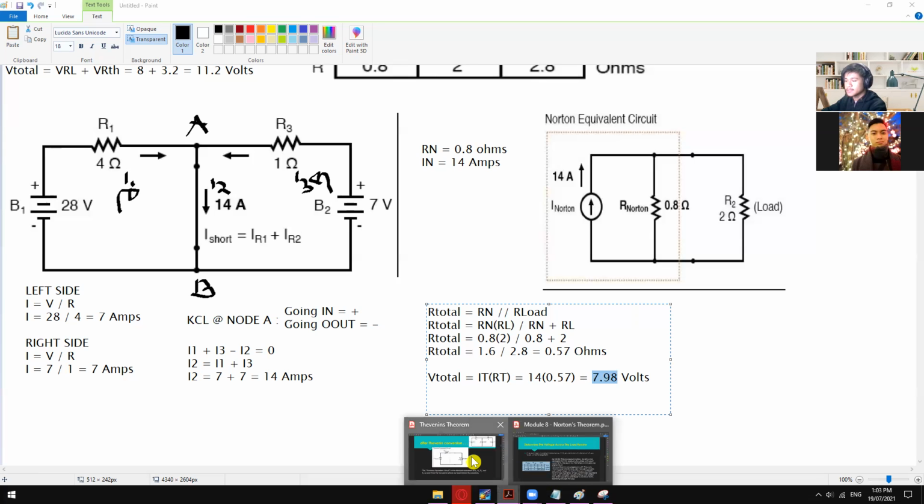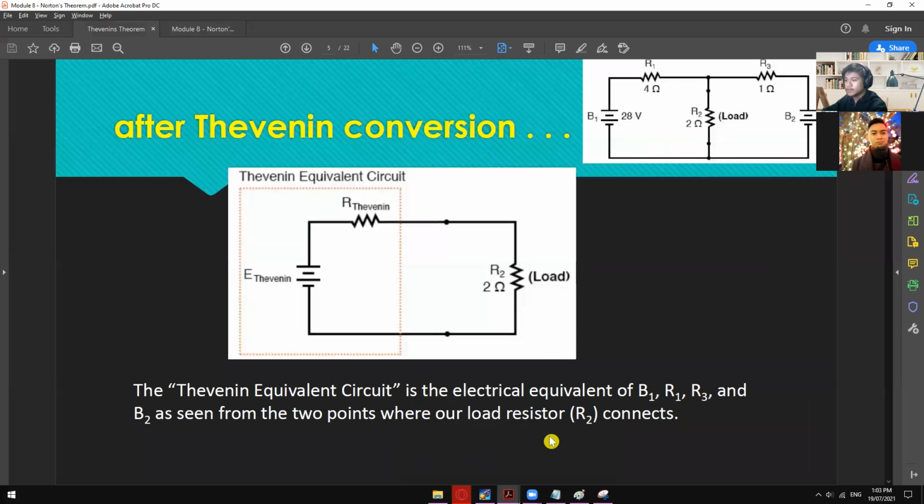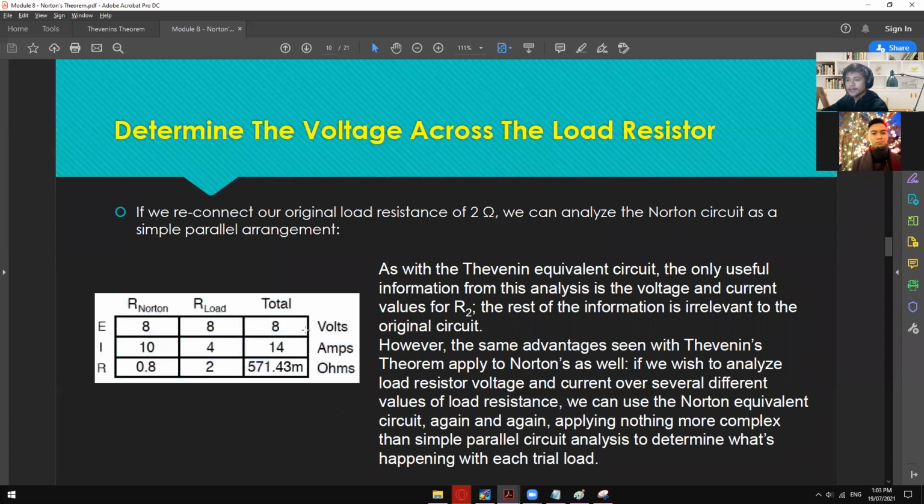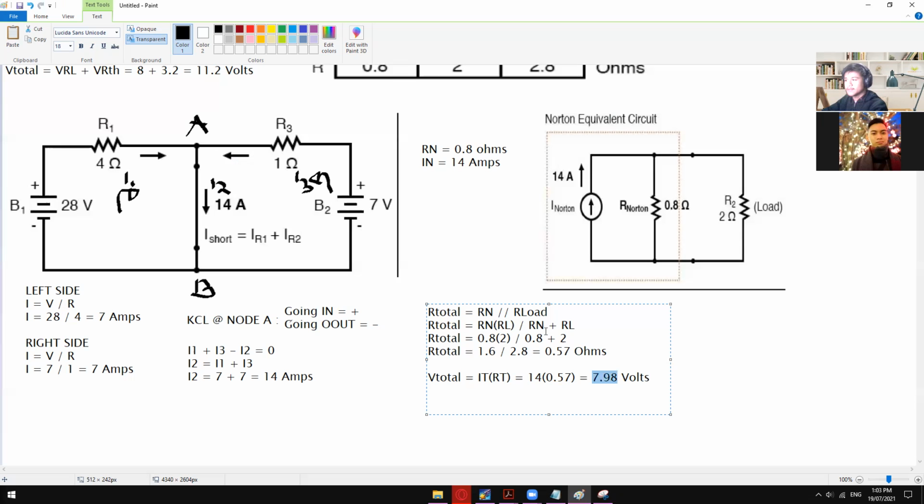Because if you guys are going to take a look on this one, ang total voltage natin is 8 volts. So for consistency, let's just round this 7.98 into 8 volts. Okay? Para lang magkapares yung nasa table natin. Okay?